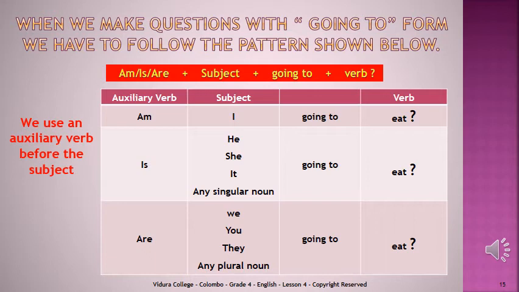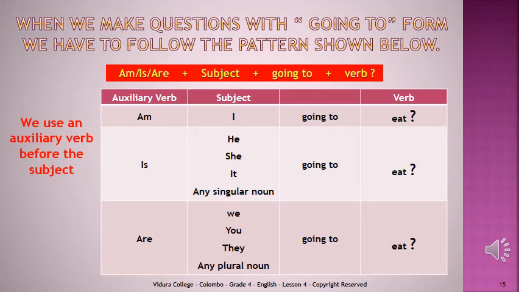My dear children, when we make questions, first we have to write the auxiliary verb. Auxiliary verb can be am, is, or are according to the subject. As I told you earlier, you know how to choose the correct auxiliary verb according to the subject.